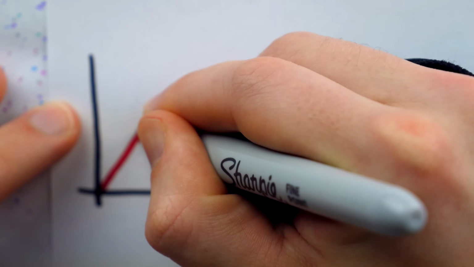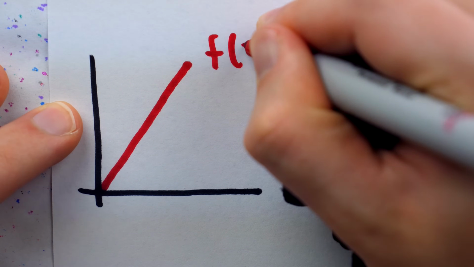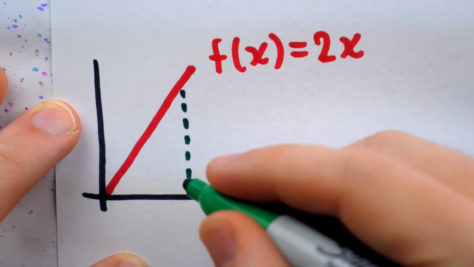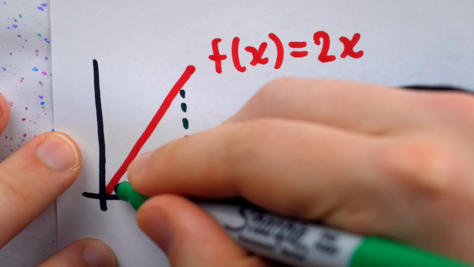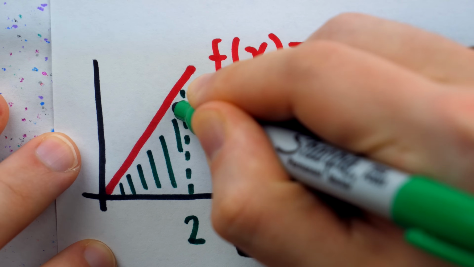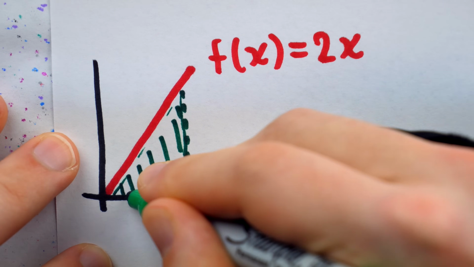Perhaps this is the function f of x equals 2x for x greater than 0. And perhaps over here is the horizontal position x equals 2. Then, finding this area underneath the line from x equals 0 to x equals 2 is as easy as finding the area of a right-angled triangle.